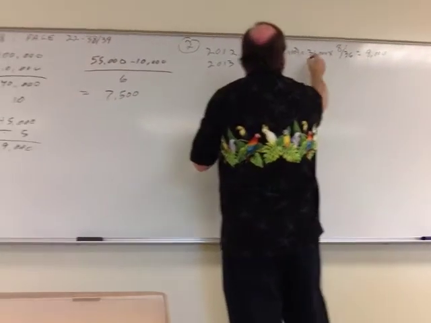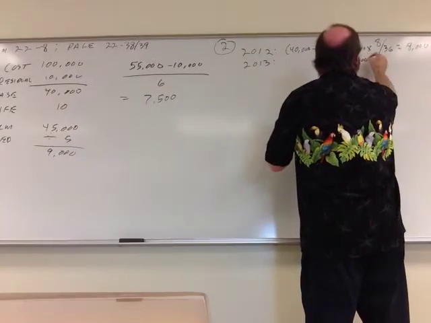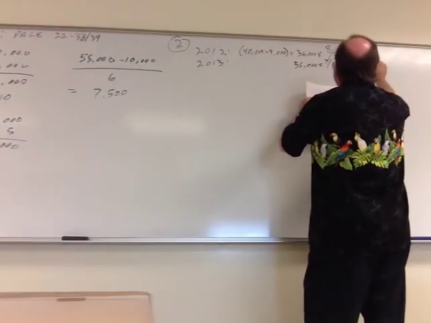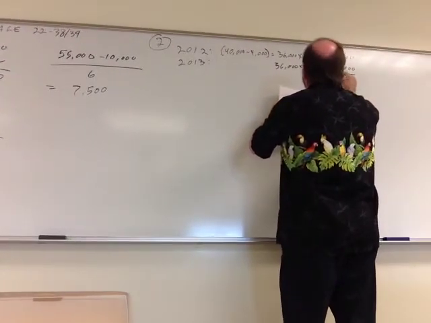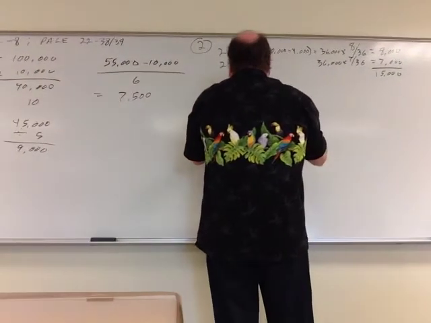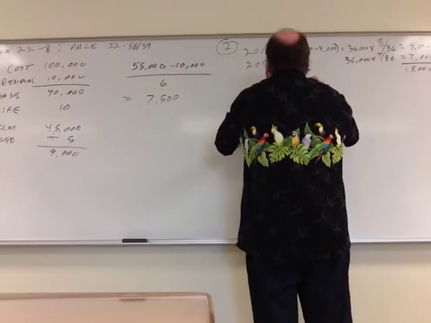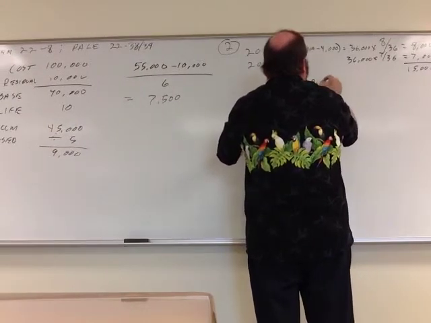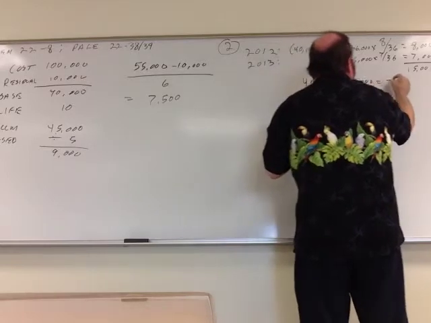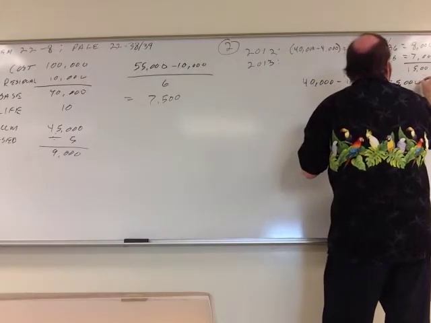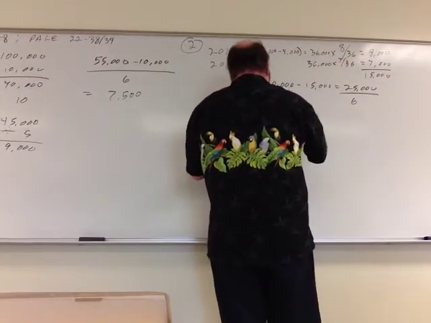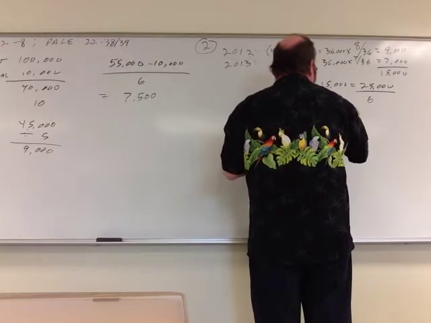And then the same 36 times 7 over 36 is 7,000. For a total of 15,000. So we have a book value of 40,000 minus 15, or 25,000, and we have 6 years remaining for a total of 3,500.